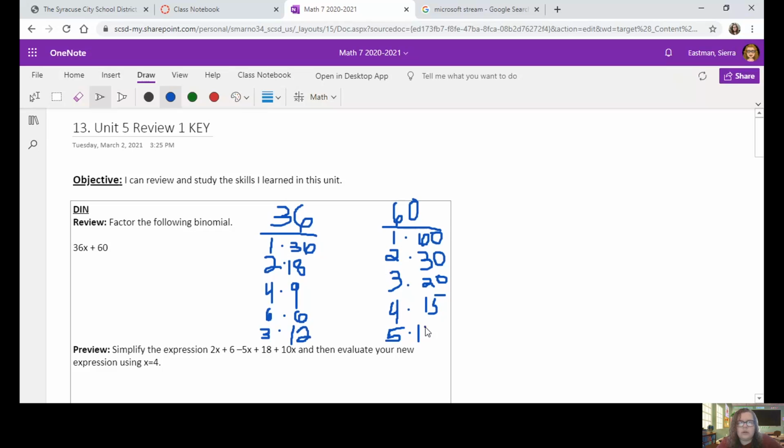There's quite a few for this number. I can have 6 and 10. I believe that's it. So our greatest common factor that we found is going to be 12 and 12.